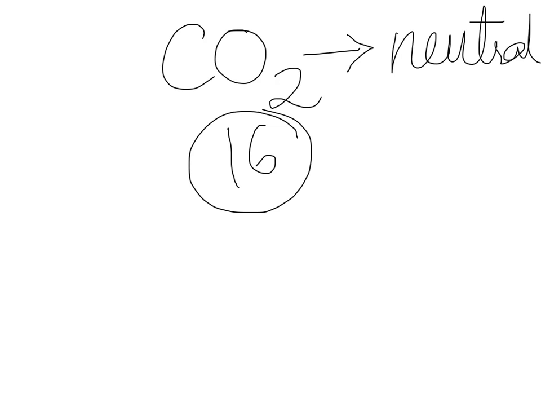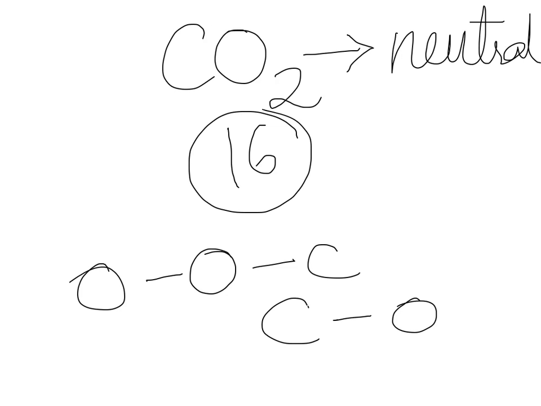The third step is to identify the central atom. Think about it. When you write the structure, how should it look? Oxygen in the center with carbons like this, or carbon in the center like this, or another oxygen in the center like this?